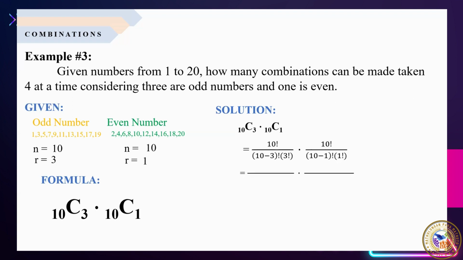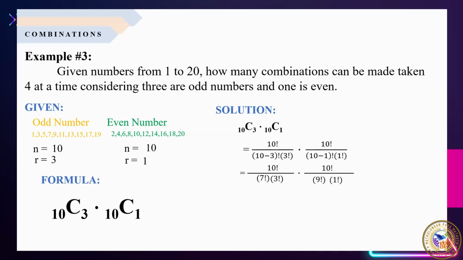So, unahin muna natin isolve yung sa odd number. So, 10 factorial, then 10 minus 3 is 7 factorial, and 3 factorial, bring down 3 factorial, okay? Next one naman, yung sa even number natin, 10 factorial, 10 minus 1 is 9 factorial. Then, we have the 1 factorial.